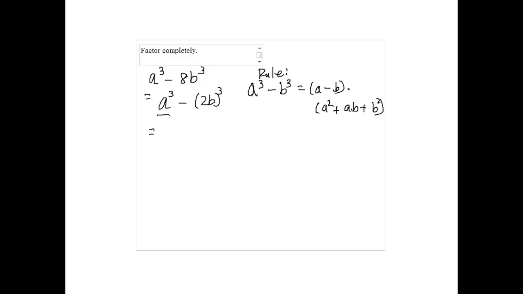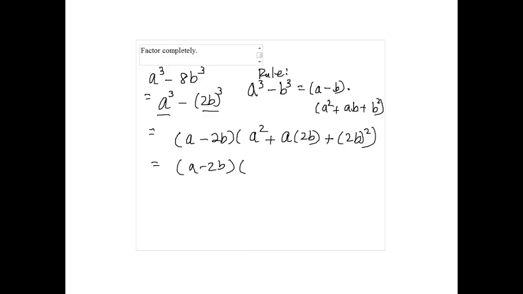So in this case, a is a and b is 2b. So a minus 2b times a squared plus a times 2b plus 2b squared, which is a minus 2b times a squared plus 2ab plus 4b squared.